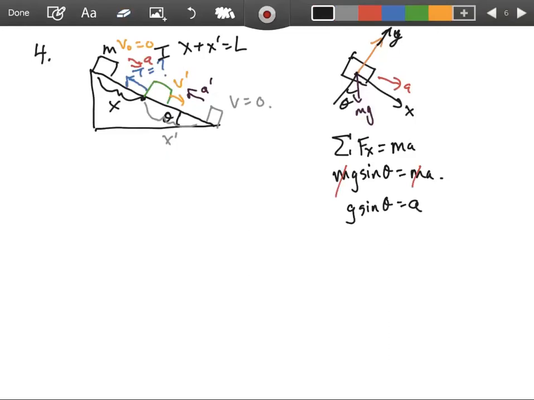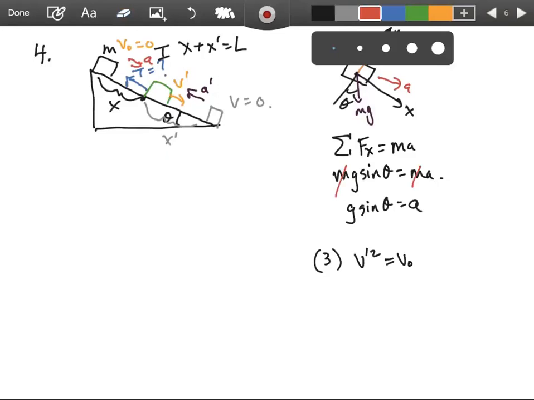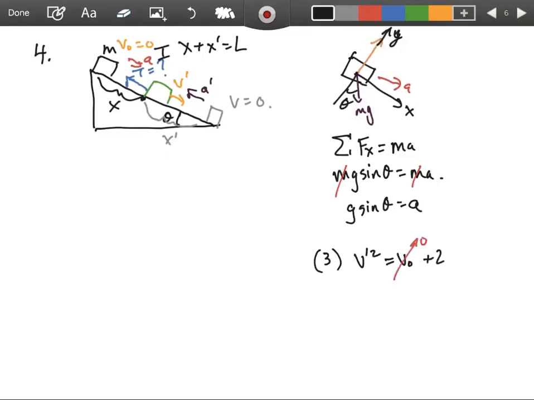From a, I can then find v prime. Now for v prime, what I know is the distance it travels, x. I know the initial velocity. I'm looking for the final velocity. So which one of my kinematic equations works the best? Well, that's going to be kinematic equation number 3. So from kinematic equation number 3, I can say that my final velocity, v prime squared, is equal to my initial velocity, which we know is 0, plus 2 times the acceleration times my displacement, which is simply x.